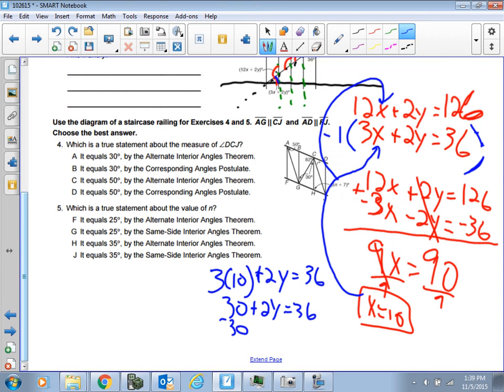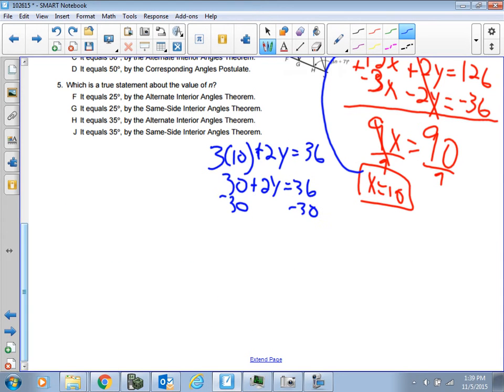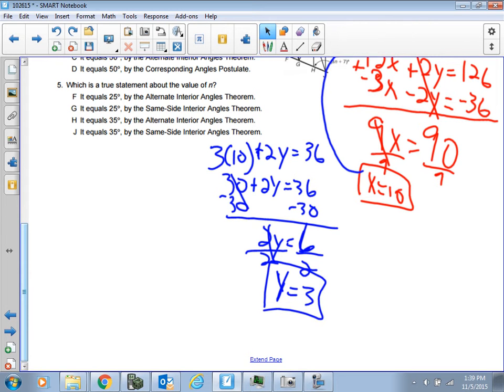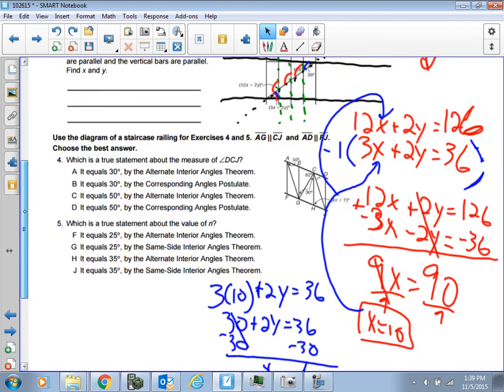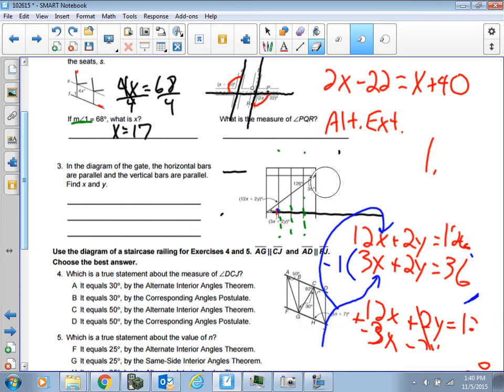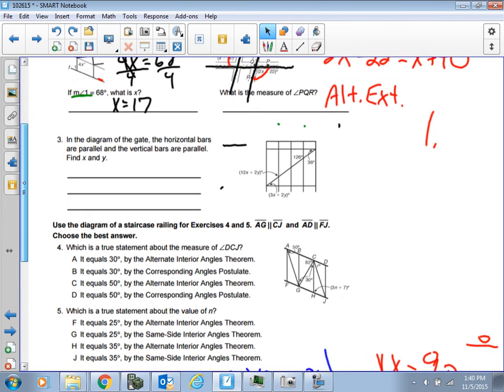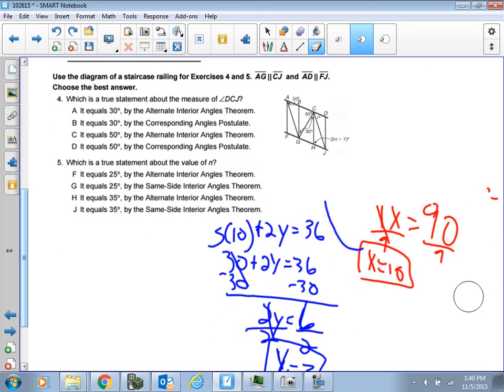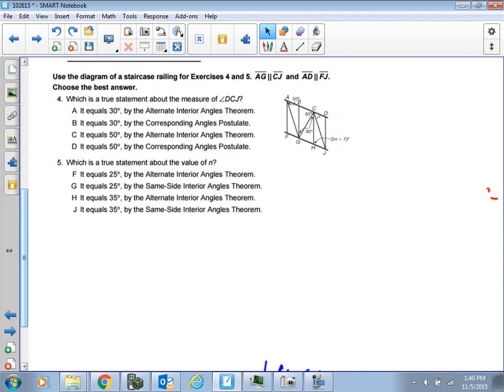Subtract 30. You end up with 2y is equal to 6. Divide by 2, and you get y is equal to 3. So those are my two values, x equals 10 and y equals 3. So that was for number 3. We'll go ahead and erase this. That was a little bit more challenging, a little bit of review from last year, but a good problem nonetheless.